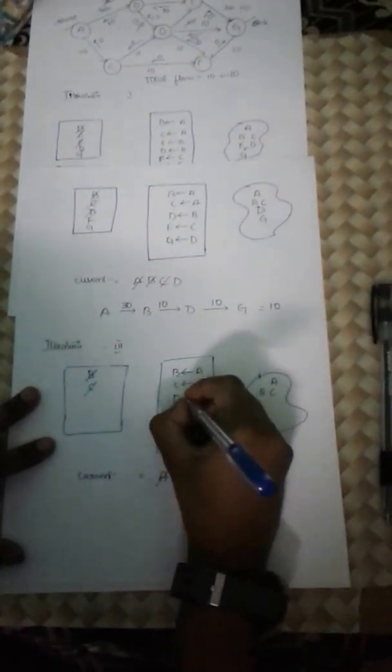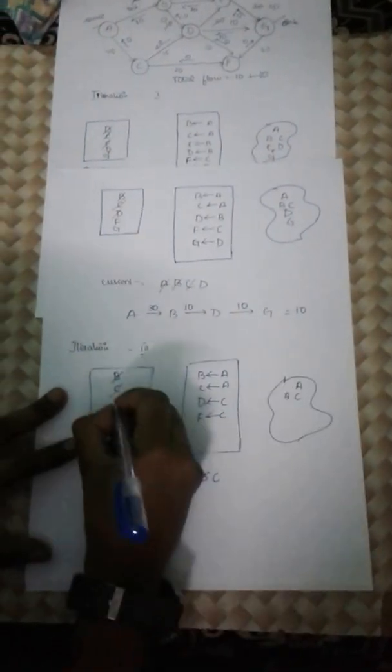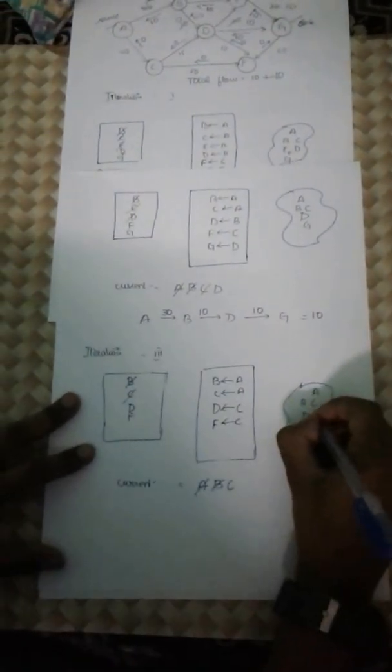From C I can go to D. So D is from C, and I can also go to F, so F is also from C. D and F. Now I'm taking D inside it.